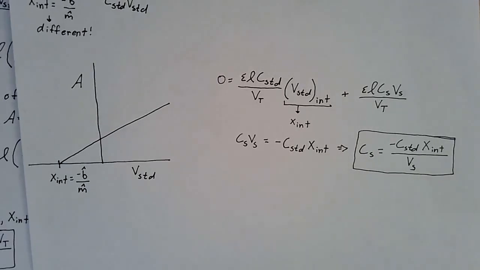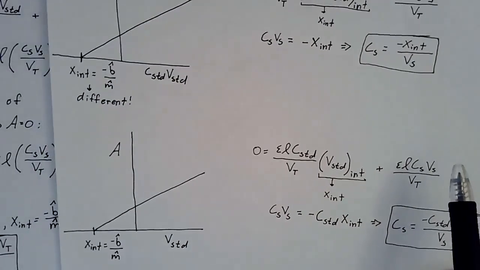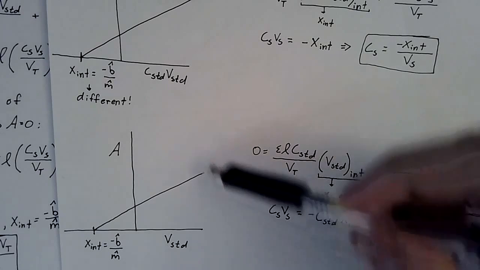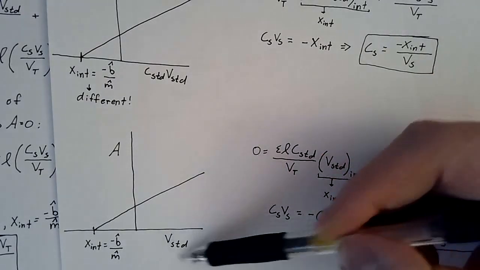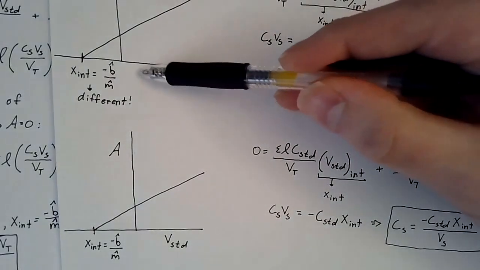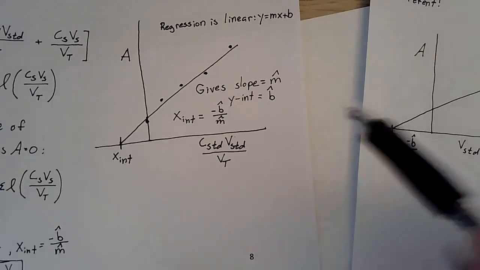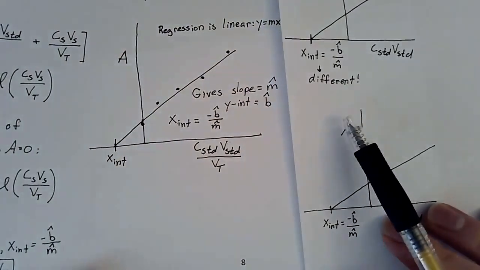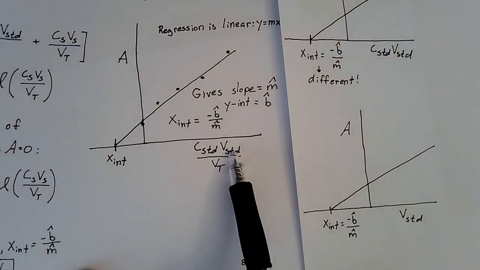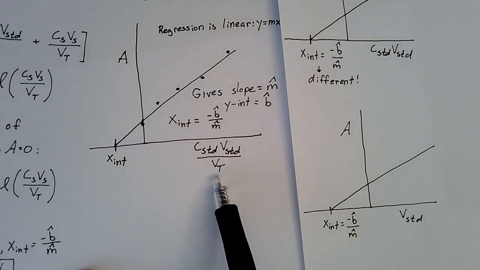So it's 3 different ways that you can plot the data in this method of standard additions. You can either plot it against the volume of the standard added, the volume of the standard added times the concentration of the standard, or you can plot it against, put them all 3 up here, the volume of standard times concentration of standard divided by total volume.